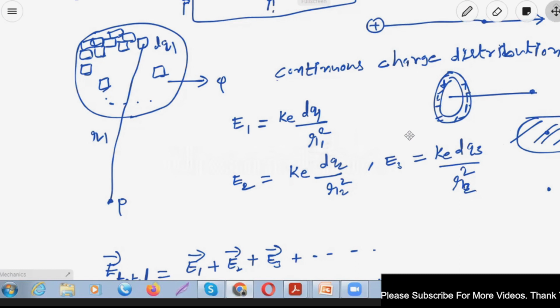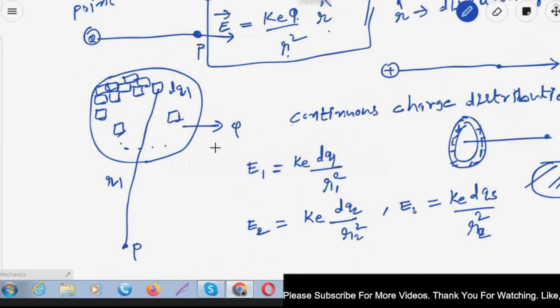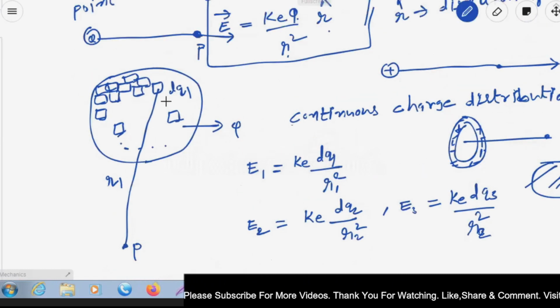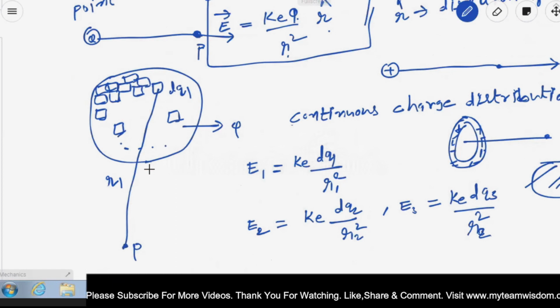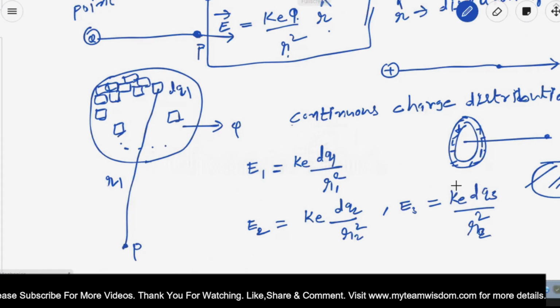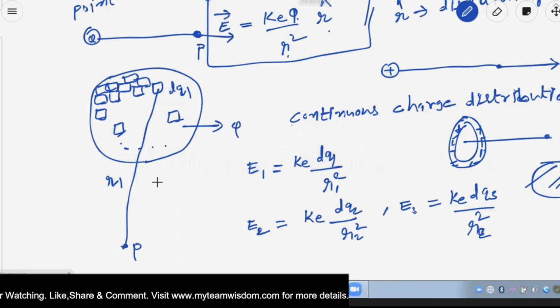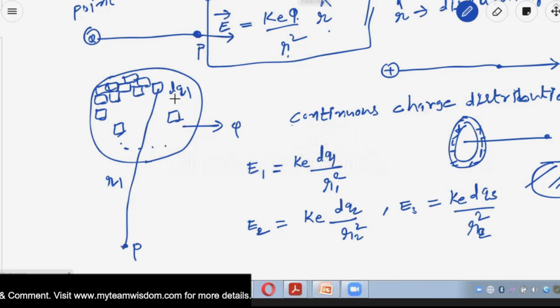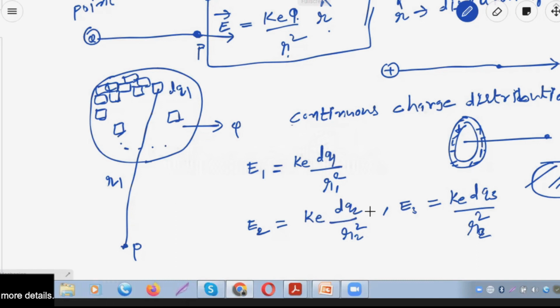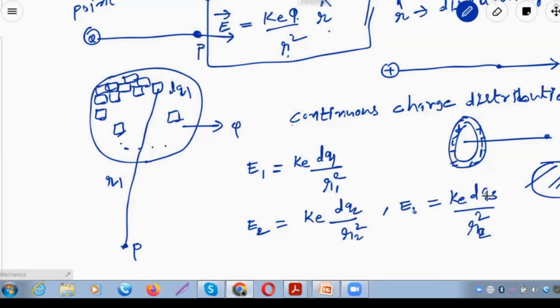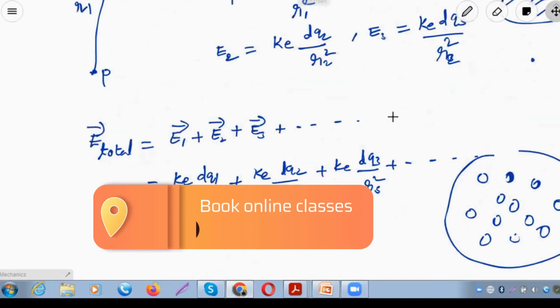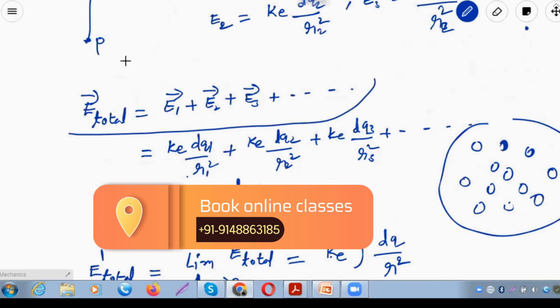We divide this entire charge q into dq1, dq2, dq3, and so on, dqn. At this point I find the electric field due to dq1, then due to dq2, then due to dq3, and add all those electric fields so that I get the total electric field.